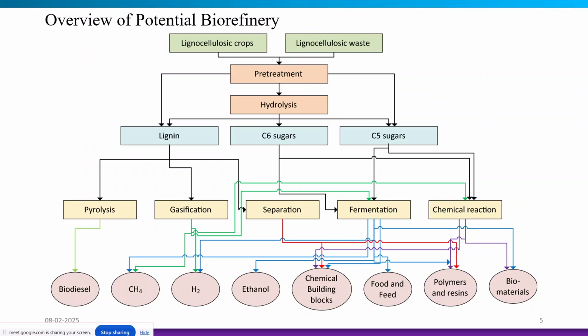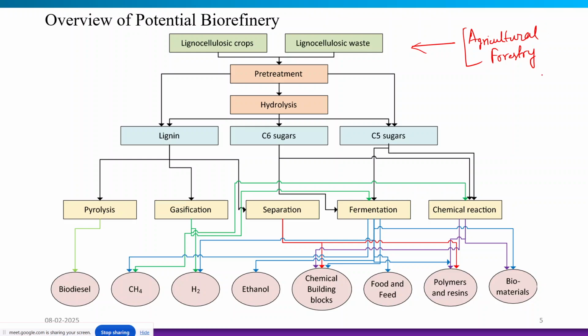We are going to discuss the potential biorefinery overview. So, when we are considering the biorefinery, the feedstock is mostly coming from agriculture or forestry, and those are lignocellulosic in nature.